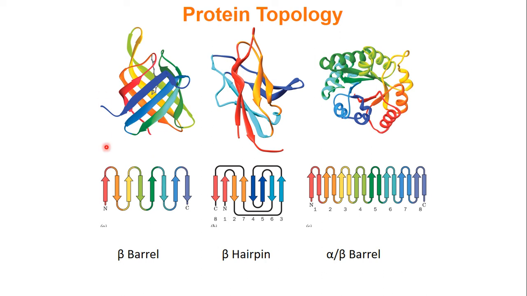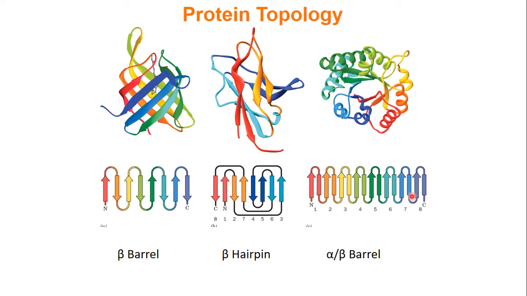This is a 3D barrel. So the topology is of a beta barrel. Here we have beta sheets, and we have a lot of tight turns, so we say the topology that we're seeing is a beta hairpin. And you can also have alpha helixes in beta sheets as well, and we call this an alpha beta barrel.